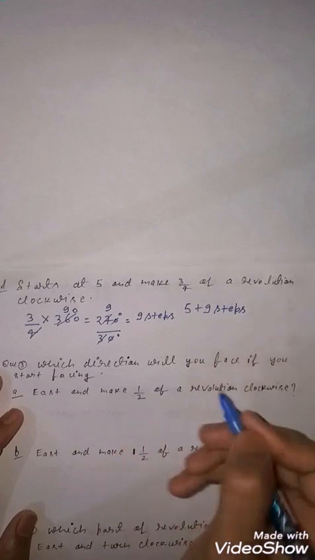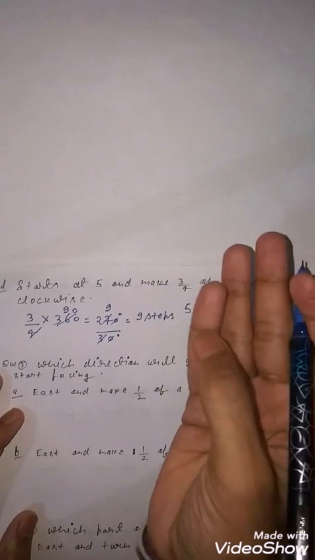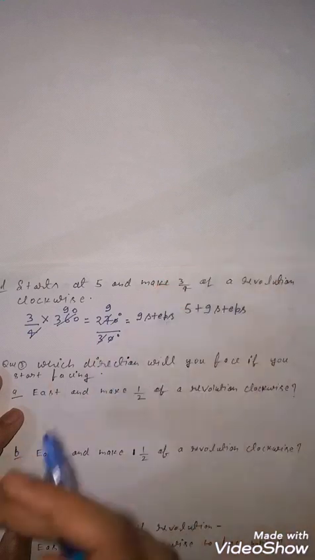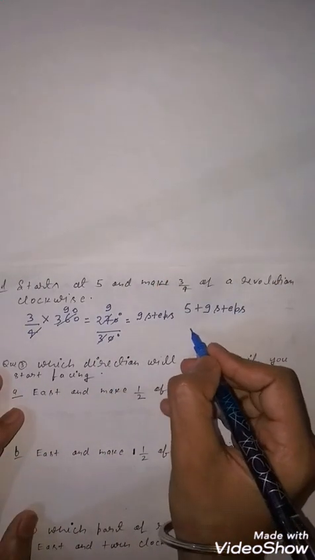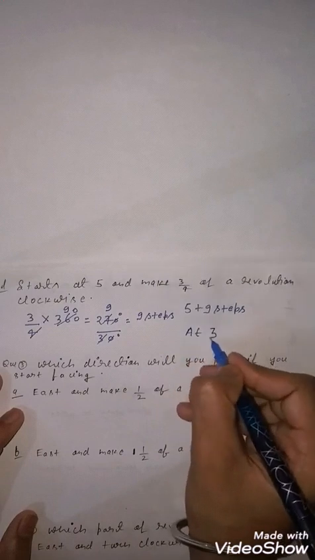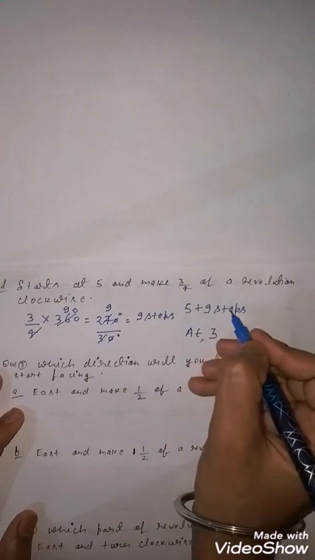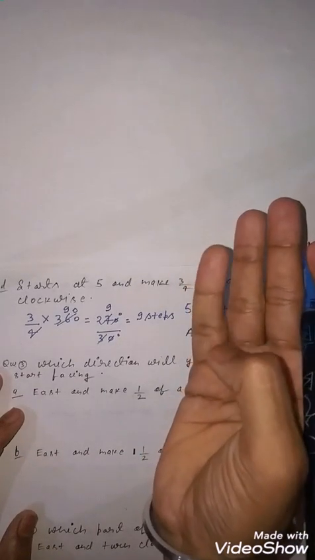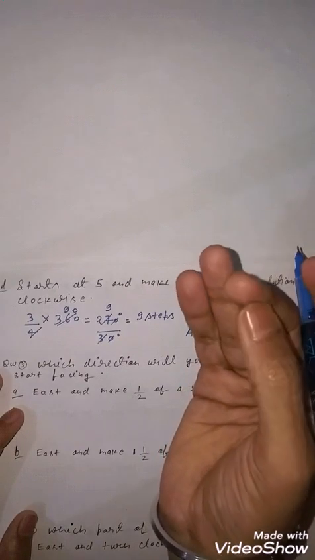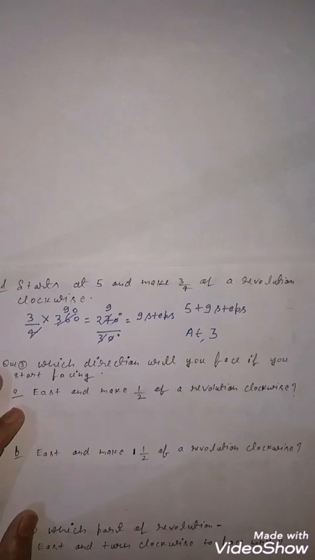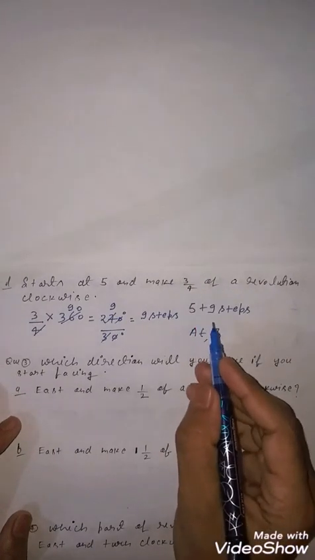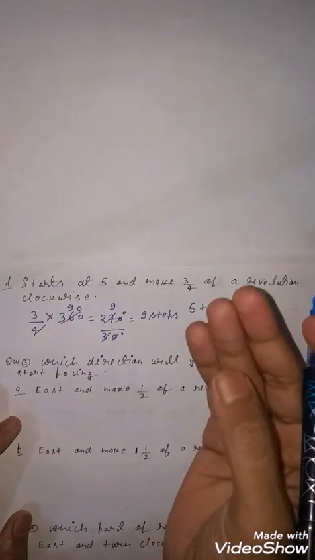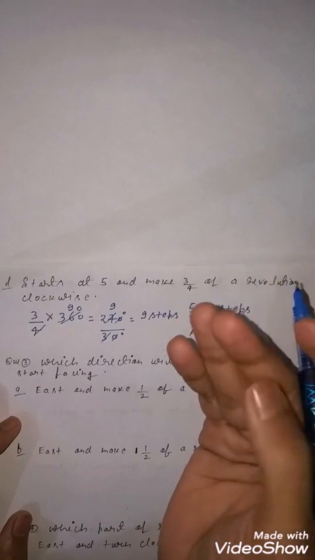What is the meaning of this? Count this: 5, after 5: 6, 7, 8, 9, 10, 11, 1, 2, 3. So after 9 steps you will go at 3. Clear students? Sorry students, count again. 5 plus 9 steps means 6, 7, 8, 9, 10, 11, 12, 1, 2.